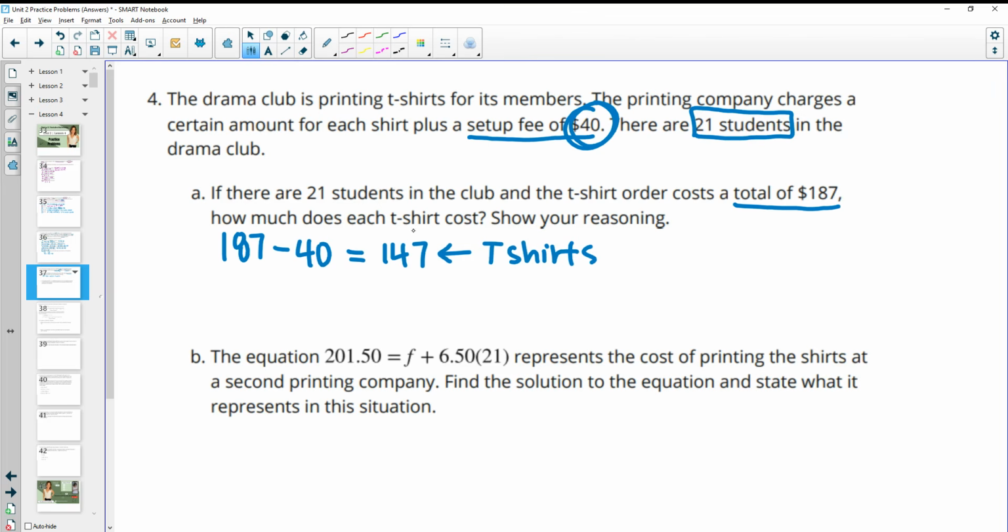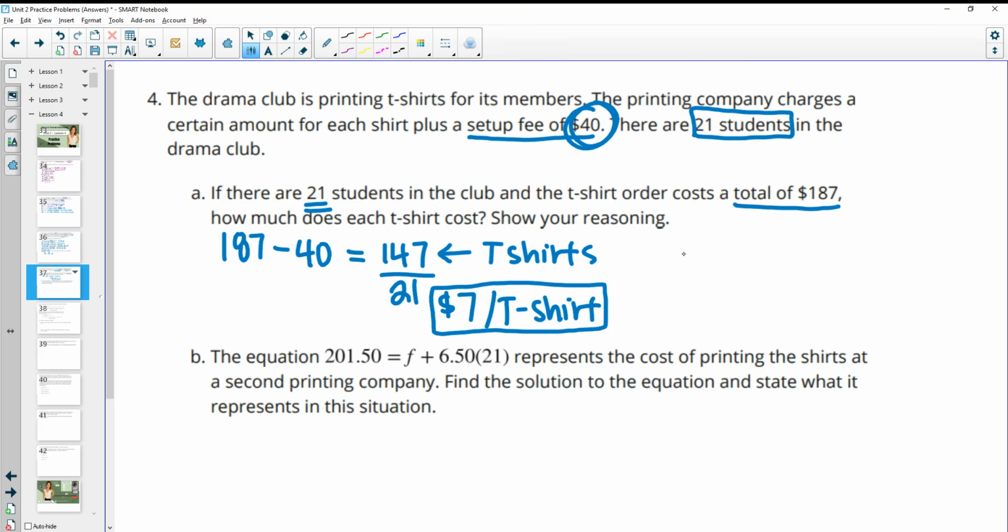And then the t-shirts, we had 21 of them. So if I divide the t-shirt cost evenly, this would give me how much each t-shirt costs. And 147 divided by 21 is $7 per t-shirt. So that's how I look at it.